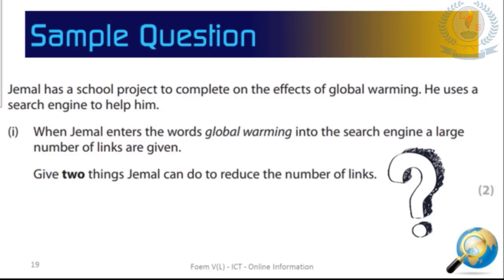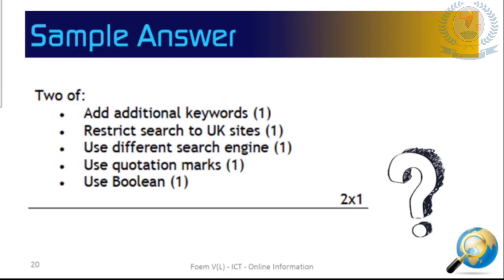Global warming, considering everything relevant to global warming, will show as the result. But effects of global warming will give fewer hyperlinks compared to the previous one. Here, give is the command word. You don't want to type long answers, just give the answer as a combination of words. So you can refer to these as the answers.